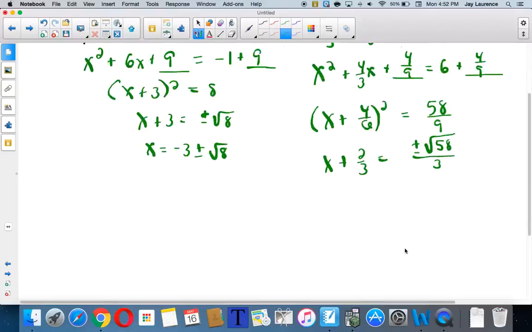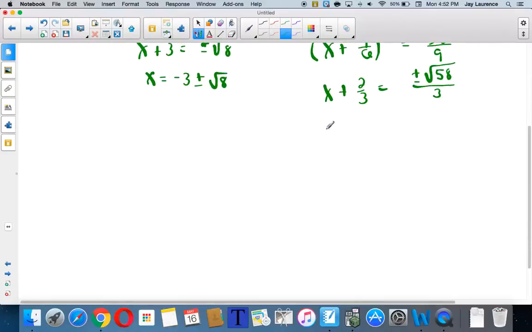All right, so now I'll have x equals negative 2/3 plus or minus square root of 58/3. So x is going to equal negative 2 plus or minus square root of 58. Whole thing is over 3.